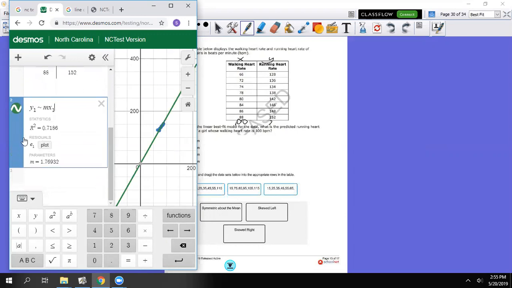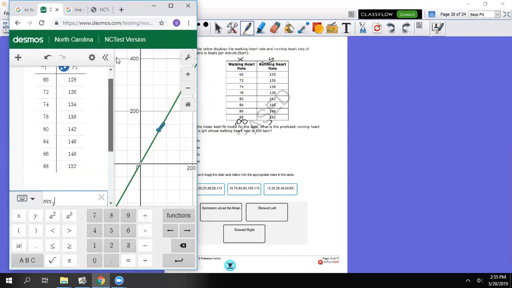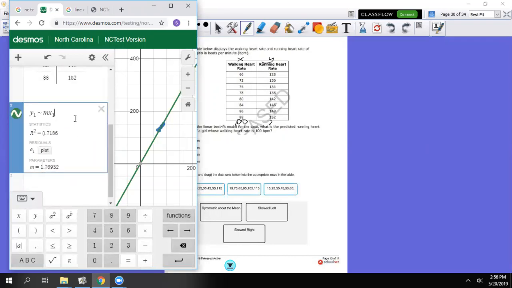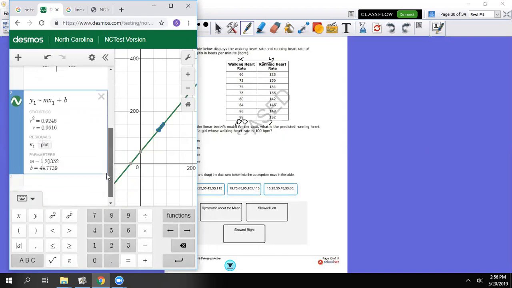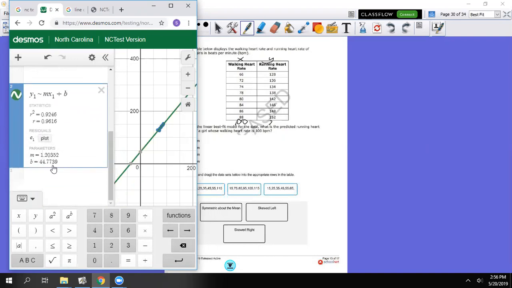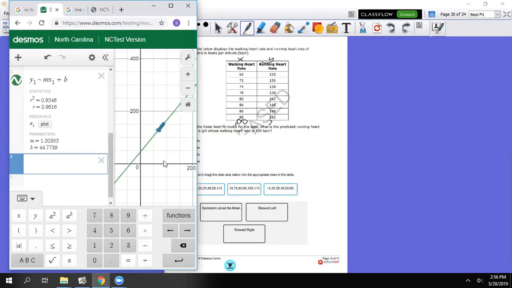So y list 1 regressed against the slope times the values of x list 1 plus b. If we do that, we find out that our slope is going to be 1.20, and our beginning heart rate is going to be 44.77. So we're going to use that data to calculate an x value of 100.